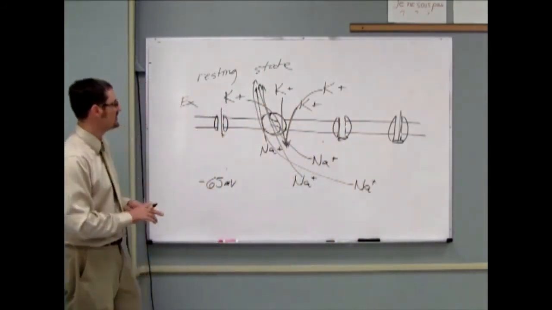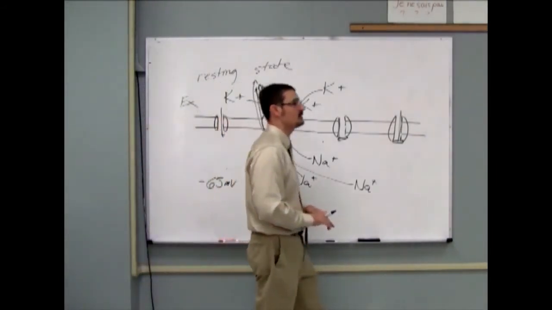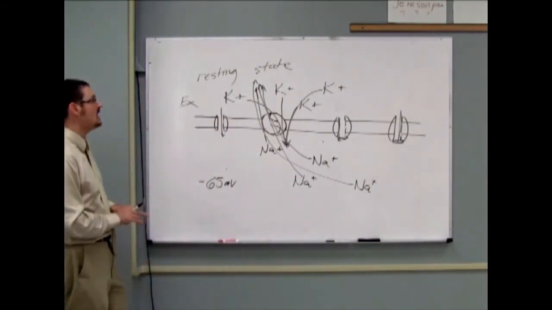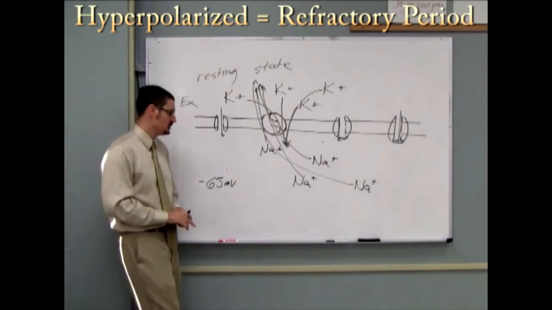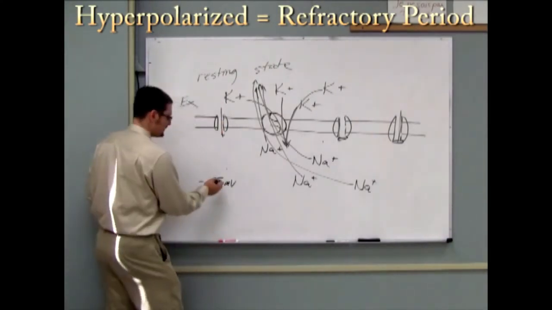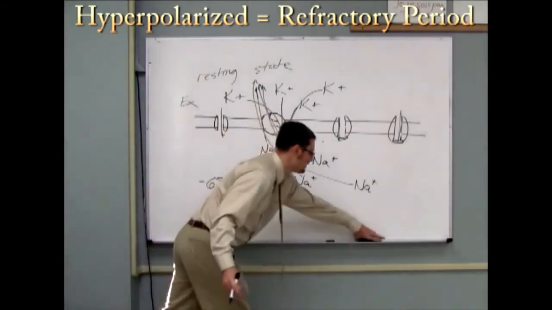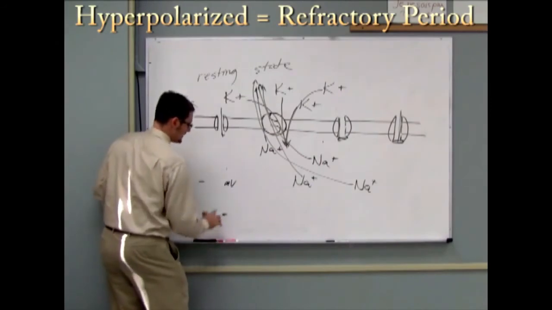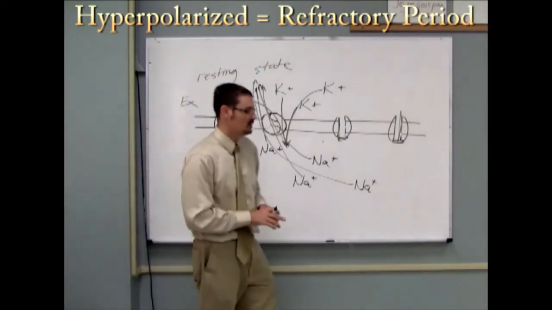But there's actually a brief period where the intracellular space of the neuron is going to be hyperpolarized, meaning that there's a charge even more negative than negative 65 millivolts. We would say that maybe it would be negative 75 or negative 80 millivolts.